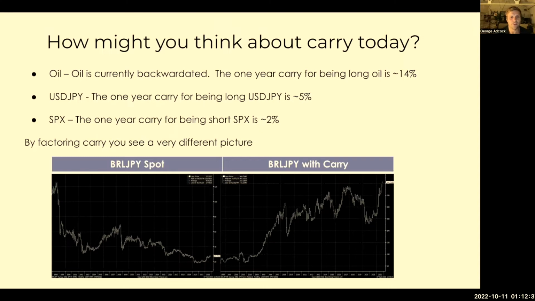And you can get paid to put these trades on right now. So if I buy oil 1 year from today, it's currently 14% cheaper. These are as of Friday, I think, 14% cheaper than today's price. That gives you a buffer. If oil's at $100, you're basically buying it at 85, let's say 86.